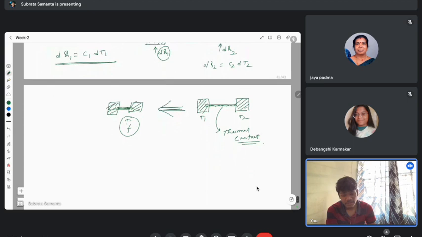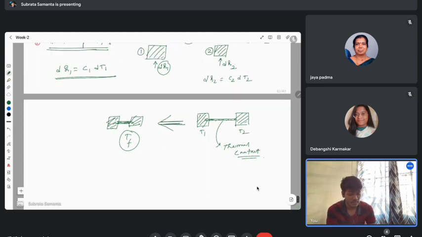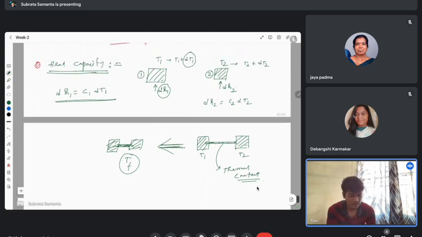So how do we calculate this Tf? What are the input parameters? The heat capacity C1, the heat capacity C2, temperature T1, temperature T2.